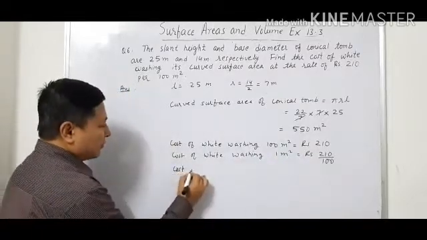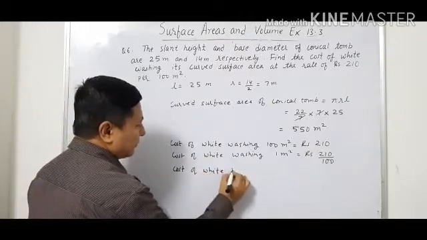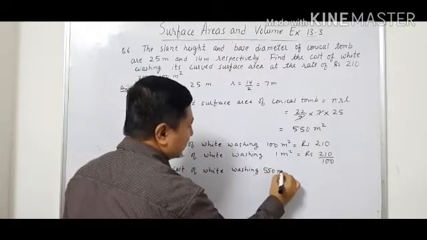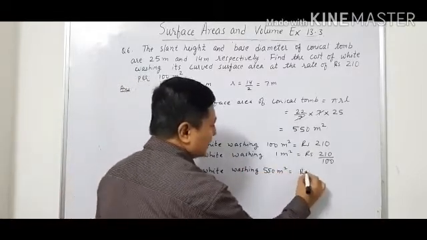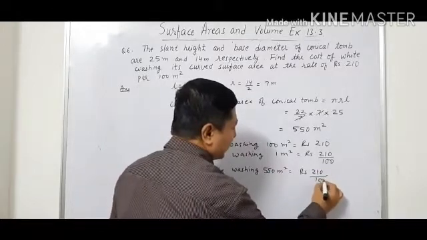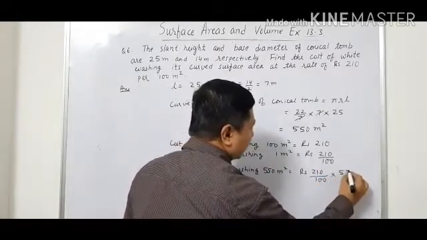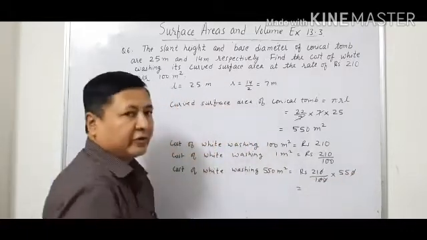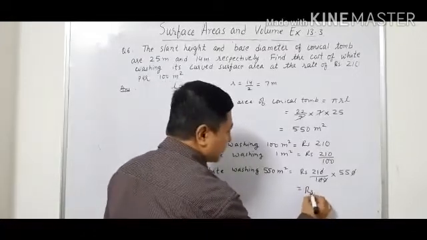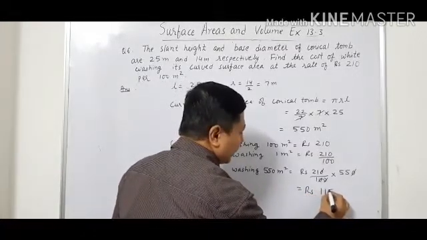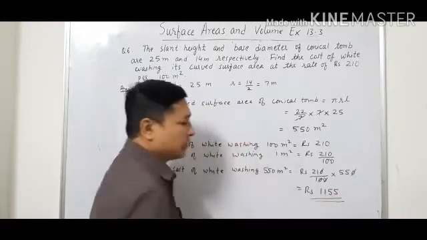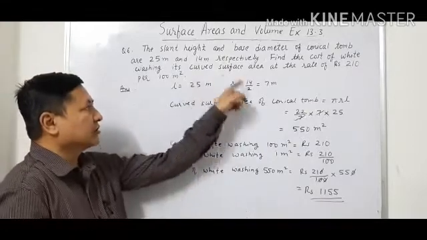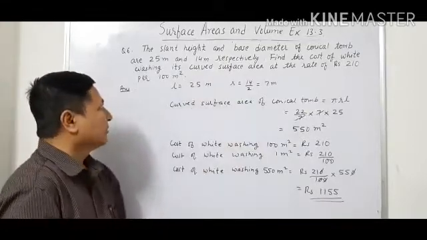So the cost will be rupees 210 upon 100 into 550. The 0 will cancel, so 21 into 55, and that will be equal to rupees 1155. So 1155 rupees will be required to whitewash the curved surface area at the rate of 210 per 100 meters square.